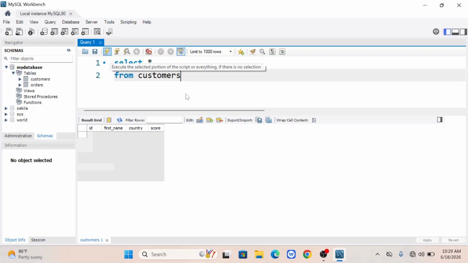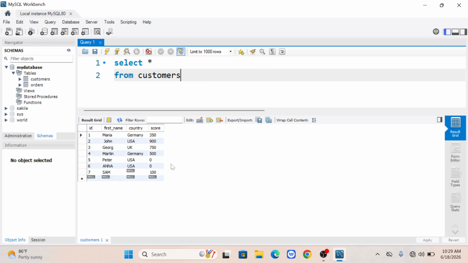It's loading, guys. Good. Right now, when you look at this, these are the list of everybody in the customers table. The task that we are doing now is to find all customers whose first name contains R. When you look at the first names, you see Maria, John, George, Martin, Peter, Anna, Sam.